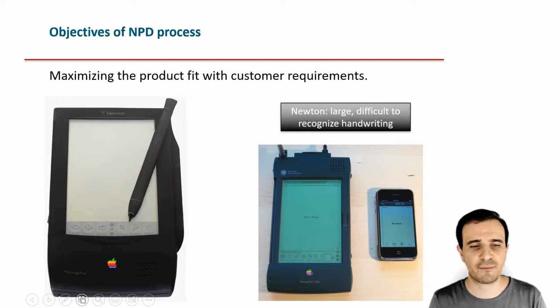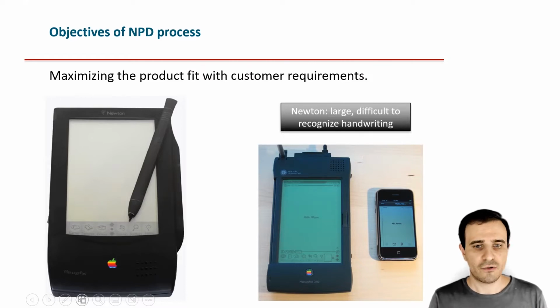As you can see here in the picture, it was slightly bigger than an iPhone, and it did offer some very advanced features for the time. For example, it already had the handwriting feature, similar to what a tablet like the iPad offers now. However, it didn't really fit with the expectation and the need of the market.